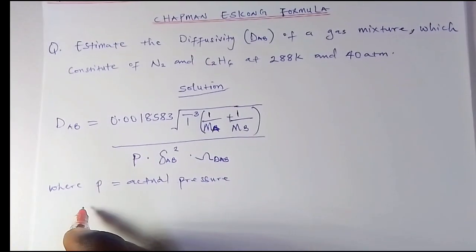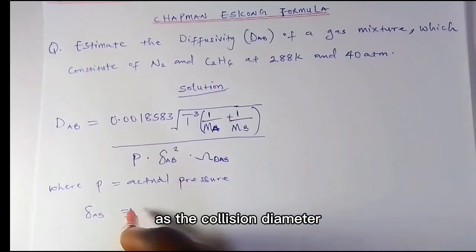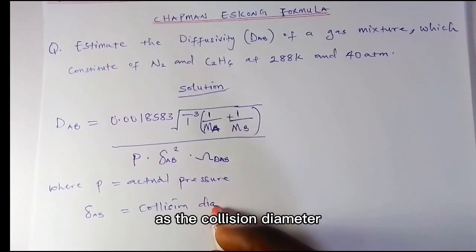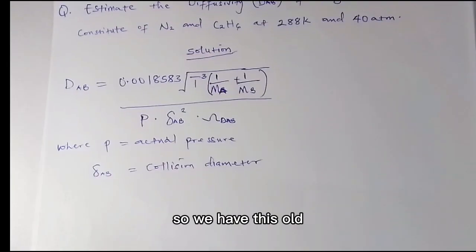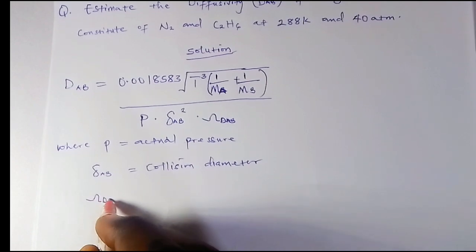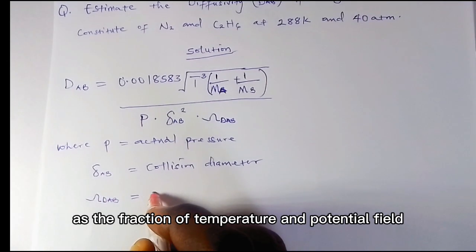and I have this as the collision diameter. So we have this omega as the function of temperature and potential field.